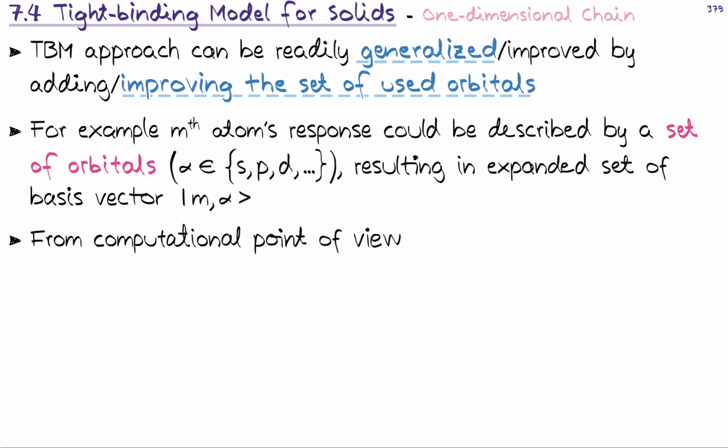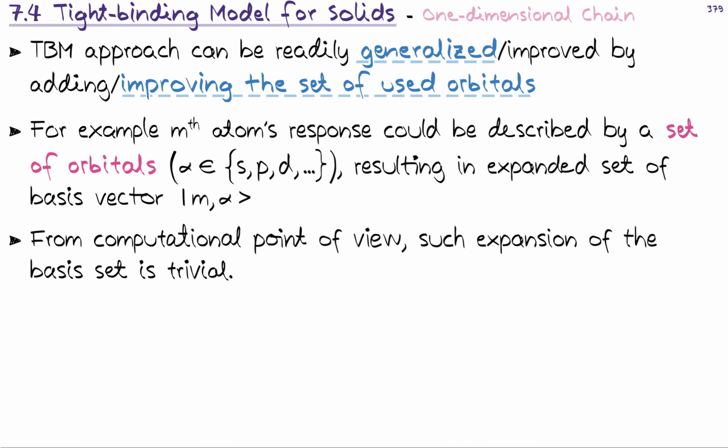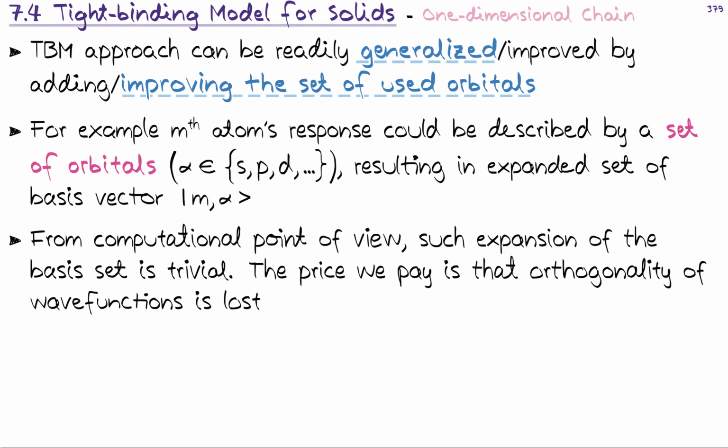Okay, from the computational point of view, of course, making this kind of expansion of the basis set is really trivial. That's not a complication at all. The complication that happens is that the orthogonality condition that we assumed works out for us is not a good approximation anymore.